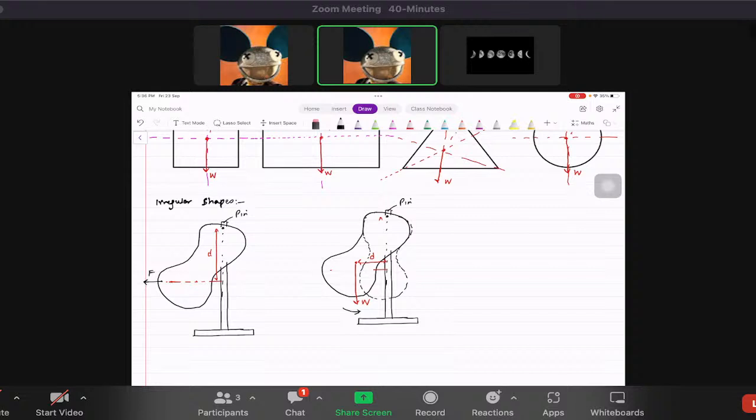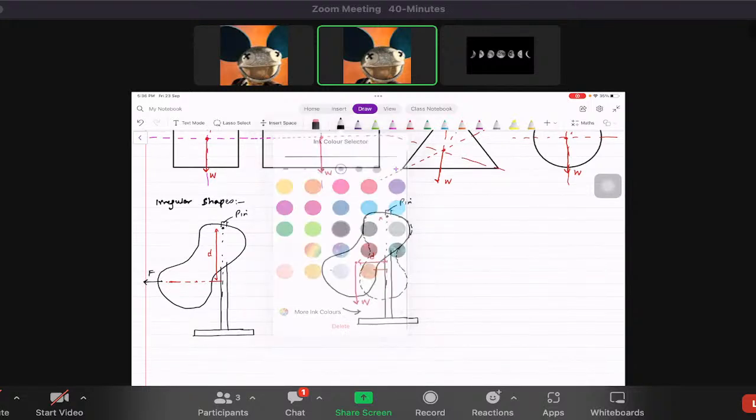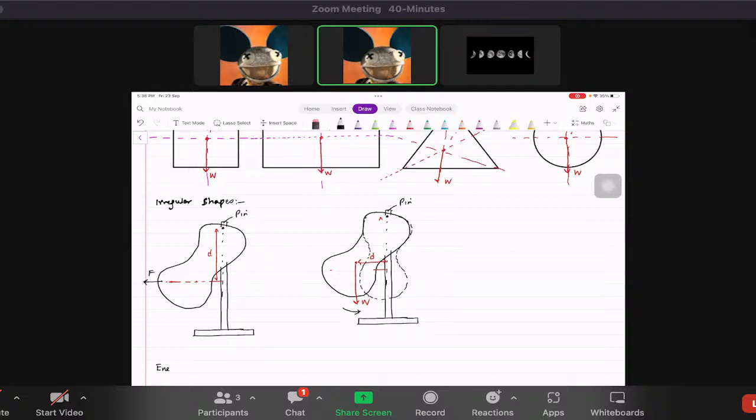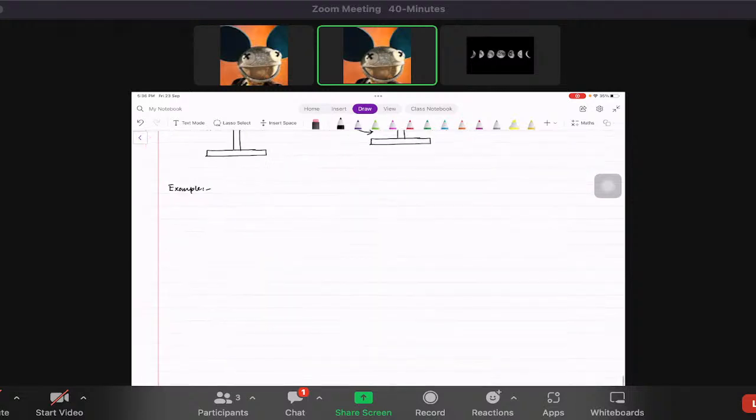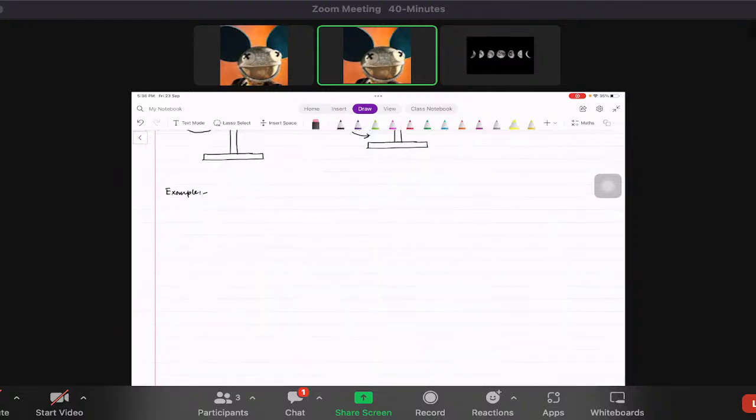Now, why is center of gravity so important? Because of two things that we're going to talk about right now. The first thing is the use of it in energy questions. So suppose there is a box.